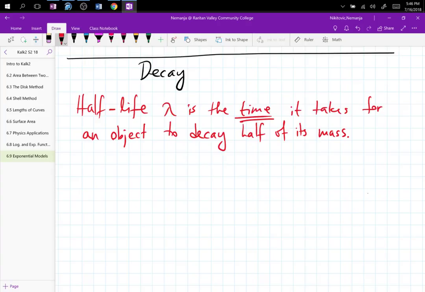It's just that the half-life for these things is really large, so you are not dying because you decayed. And if you are buried, you just get eaten, that's pretty much what it is. So the half-life is the time in which an object loses half of its mass.